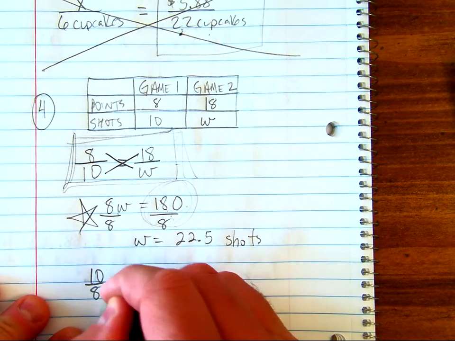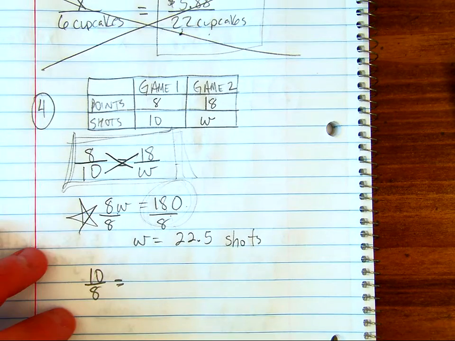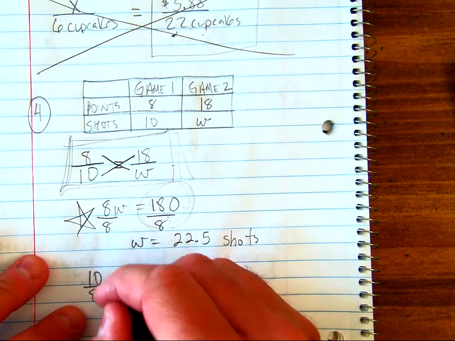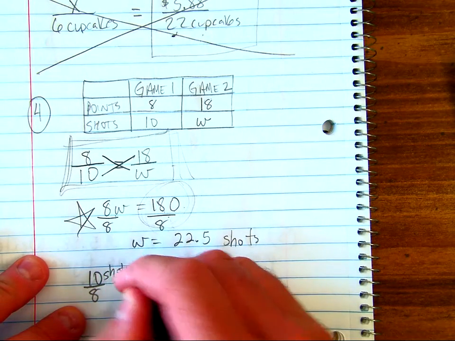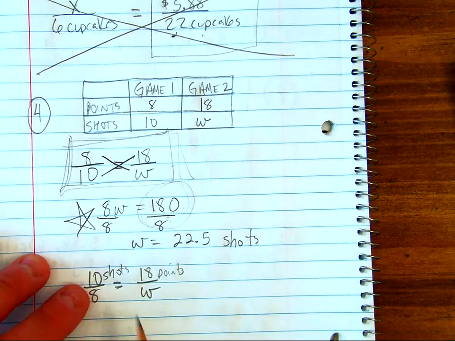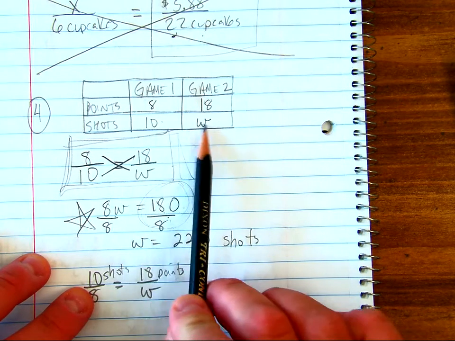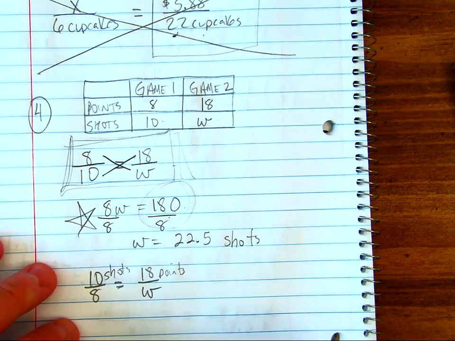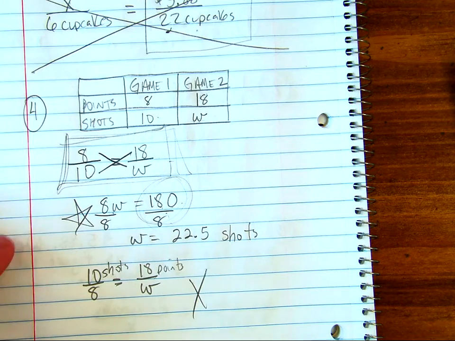Okay. And then 18 points over W shots. Right. You can't have shots in the numerator and then have points. The 10 and the 18 don't correspond with one another. Good job. Yep, that one would be wrong. That one definitely would be wrong.